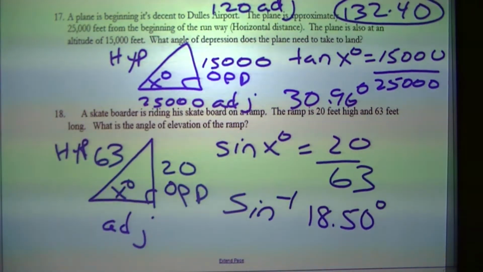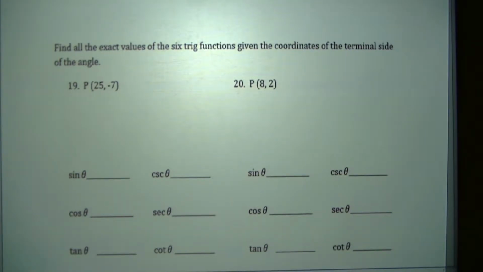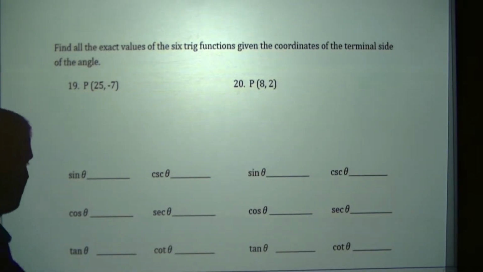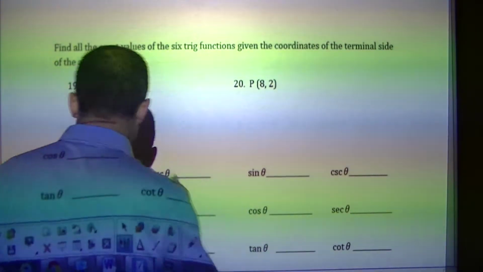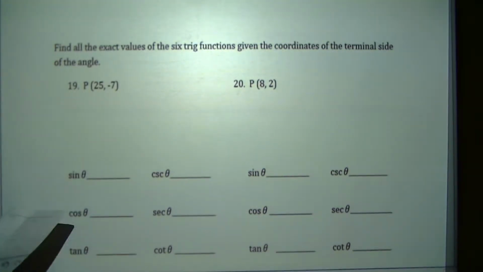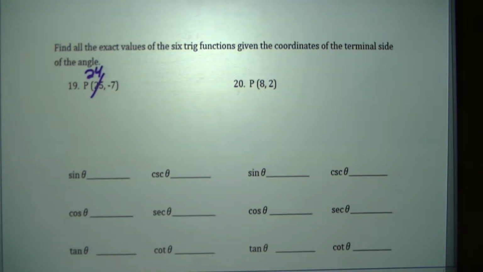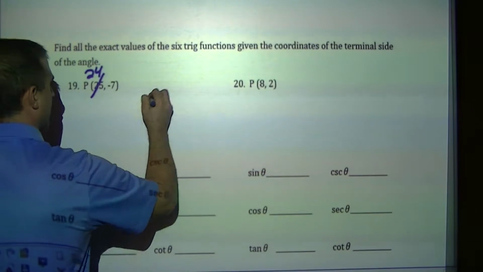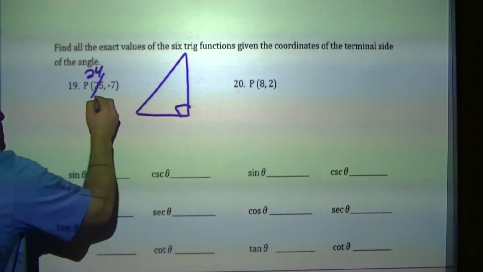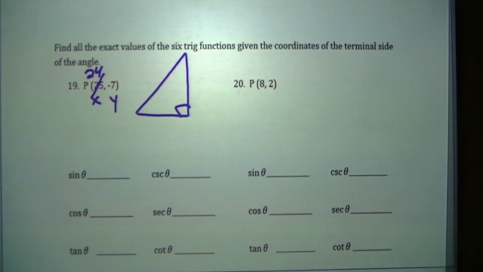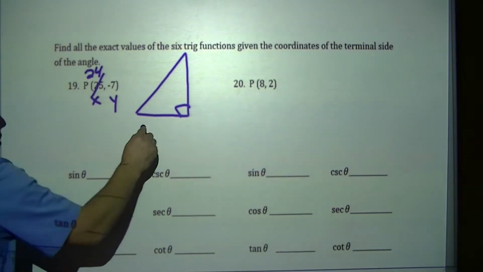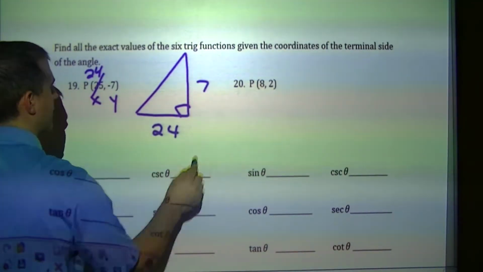All right, going on to the last part of the sample test. There is a mistake on this sample test. This should be 24, so please make that adjustment. So here's the idea: we treat this like our x and this is like our y. To make this easier on yourself, put your 24 there and your 7 there.